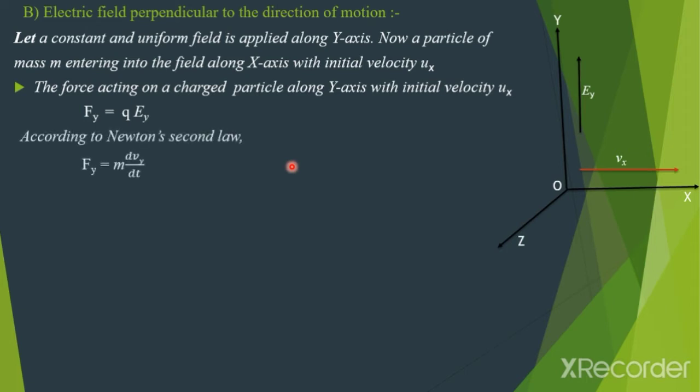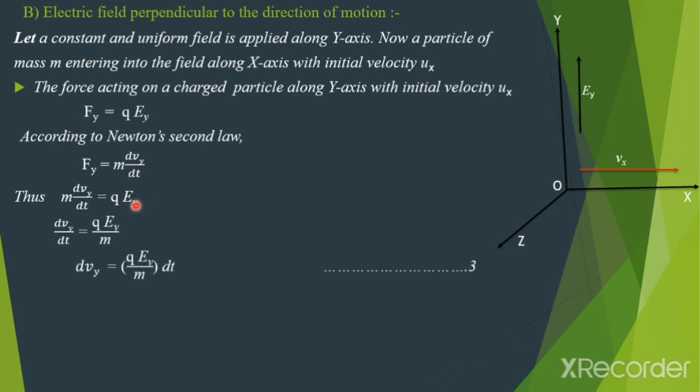According to Newton's second law, force is equal to mass into acceleration. Acceleration can be written as dvy by dt, that is, the rate of change of velocity along the y direction with respect to time. Replacing Fy, m dvy by dt is equal to Q into Ey, where Ey is nothing but the applied electric field along the y direction.